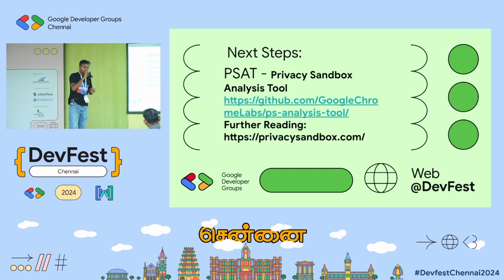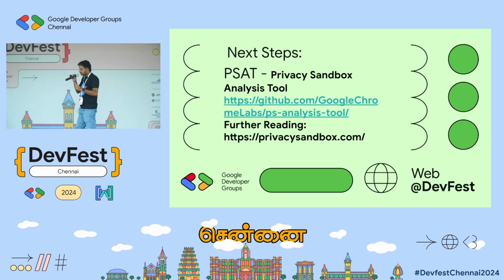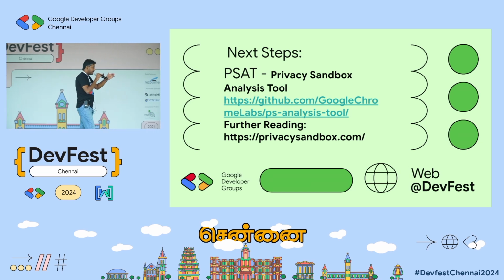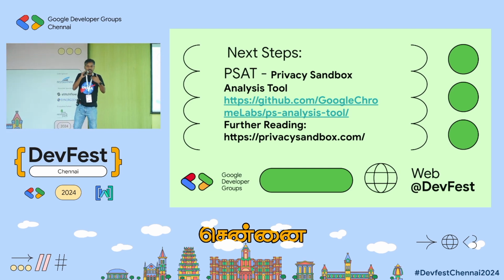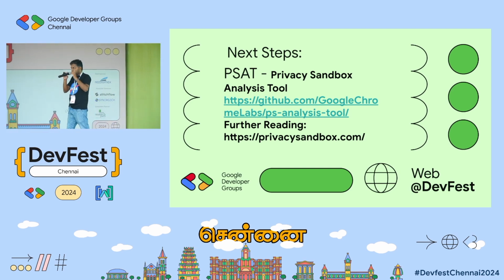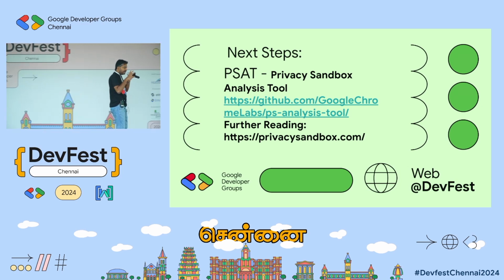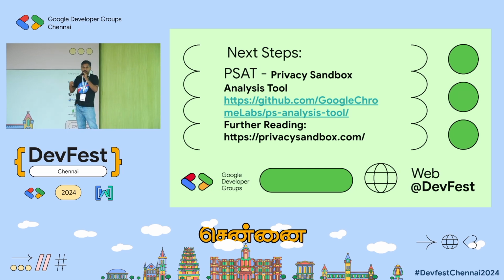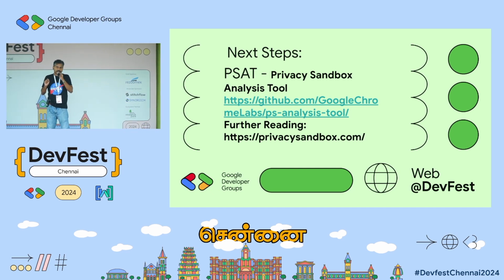This is a Chrome extension. If you install this Chrome extension, in your Chrome settings there is an option to disable the third party cookies. When you do that, if you are maintaining a website, you can disable the third party cookies and check if your website is working as expected. The other thing is, when you use this extension, it will recognize the third party cookies being used in your website and show the alternatives to it.